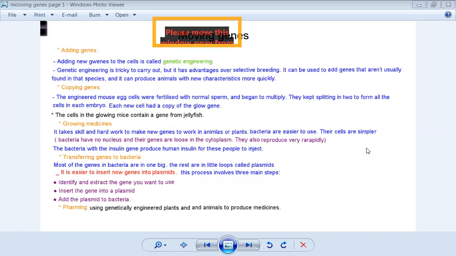Genetic engineering is tricky to carry out. It's hard. It's not easy to extract a gene and inject it or add it to the cells because this is very sensitive.